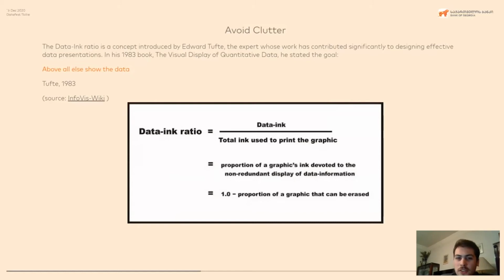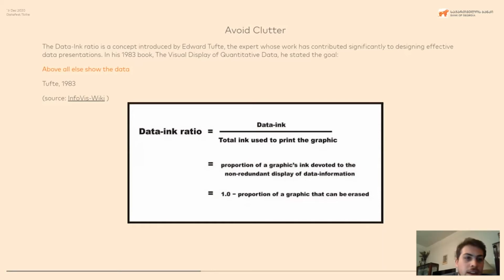Now we don't use print graphics anymore. This is an old theory. It was 1983. Sometimes we use ink, of course, but nowadays everything is in computers. So we can change this name and say pixel to data to pixel ratio.